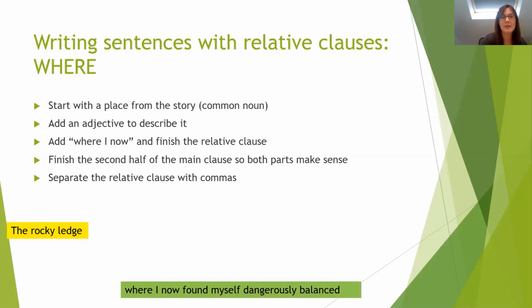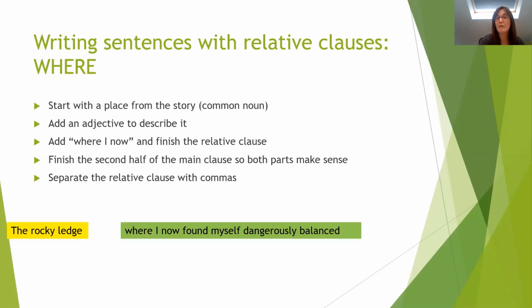The rocky ledge, where I now found myself dangerously balanced. Let's finish the main clause. Felt loose underfoot. So let's check the main clause makes sense by taking out the relative clause and reading the first half and the last half of the main clause together. The rocky ledge felt loose underfoot.